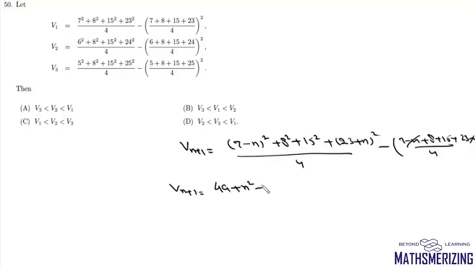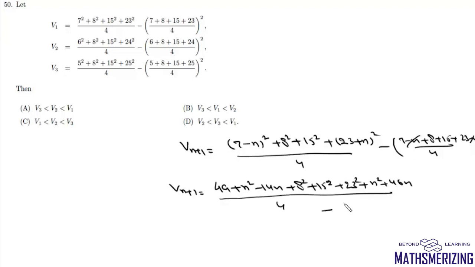49 plus n square minus 14n plus 8 square plus 15 square plus 23 square plus n square plus 46n upon 4, minus 8 plus 15 plus 7 plus 23 upon 4 whole square. Now here minus 14n and plus 46n will be plus 32n.